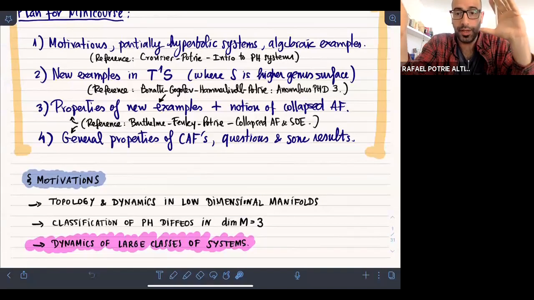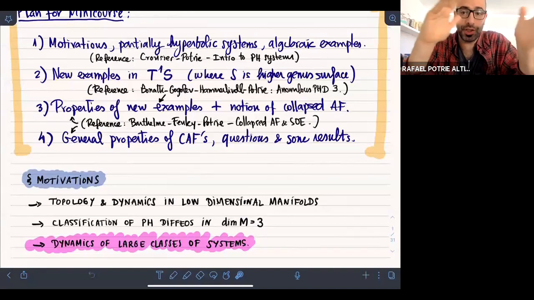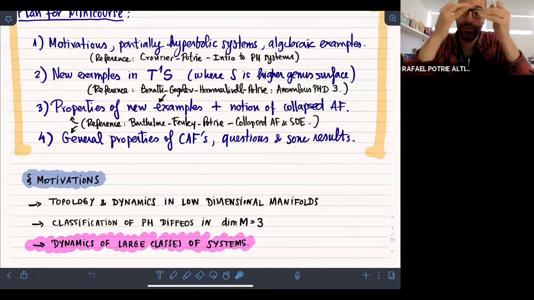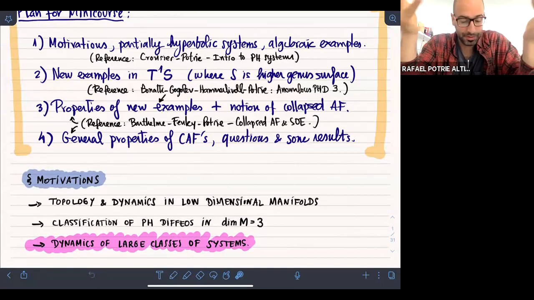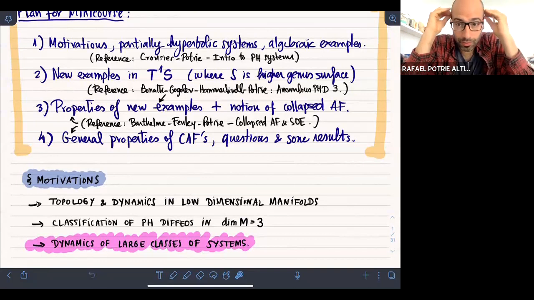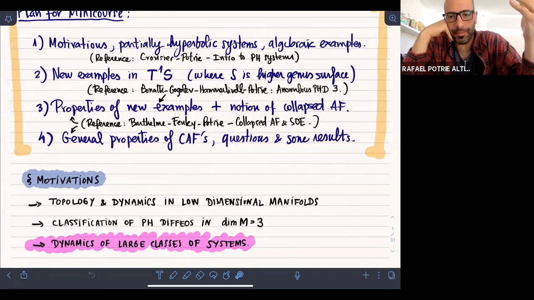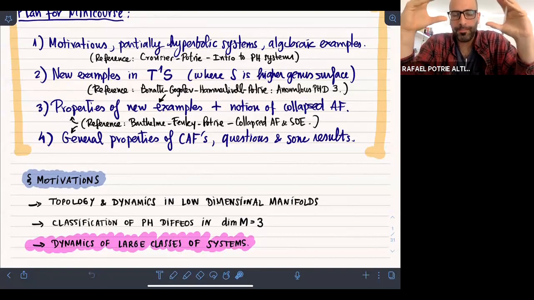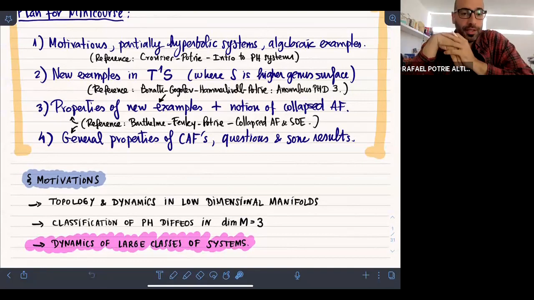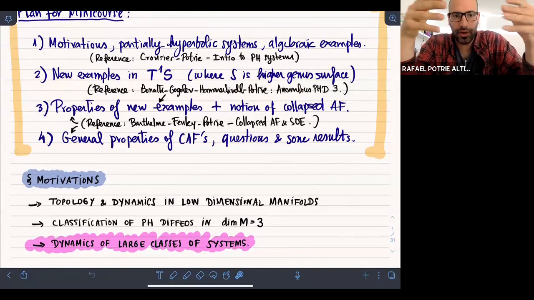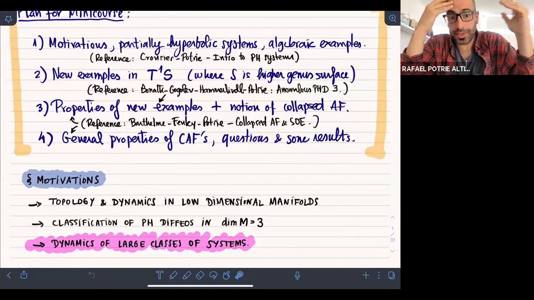And the interplay between the topology and geometry and the dynamics is very rich and allows one to produce several kinds of useful results in other settings. So this is one of my main motivations, and this is the specific subject or framework where this mini course lies: in the context of classification of partially hyperbolic diffeomorphisms in dimension 3.